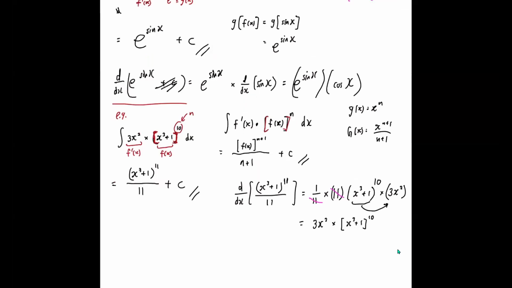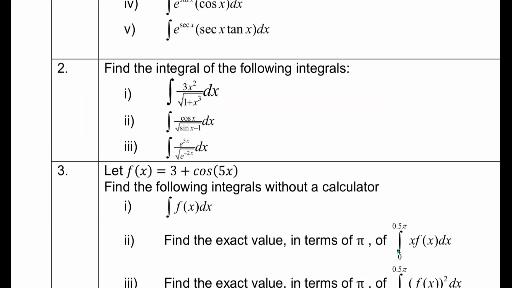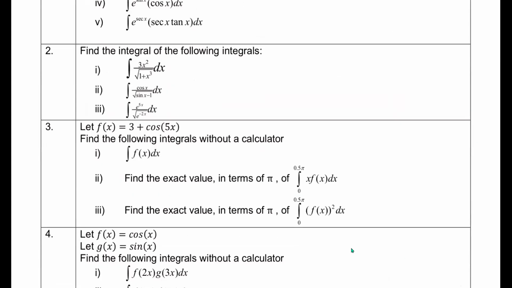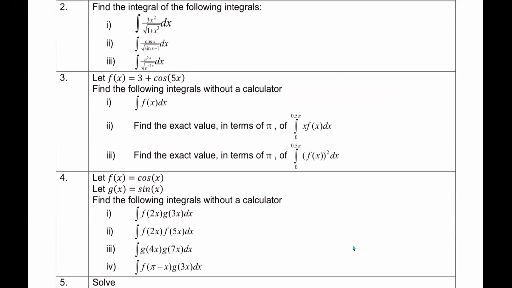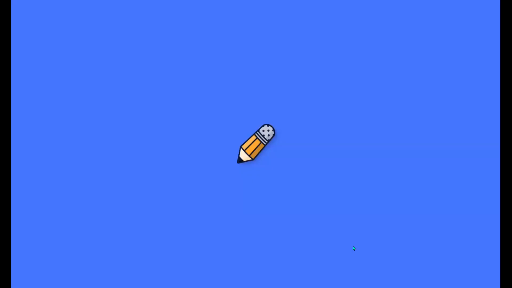Then let's continue, try a few more examples. What have we not covered? Actually, I can't remember what we covered already. I think question 4 we covered already, is it? Maybe not. We'll see, integration techniques.